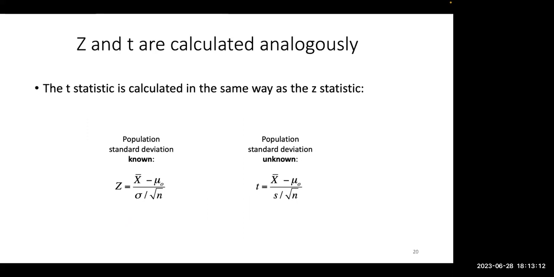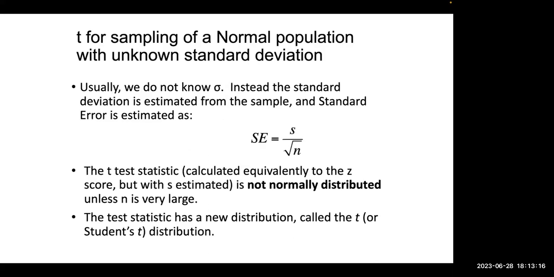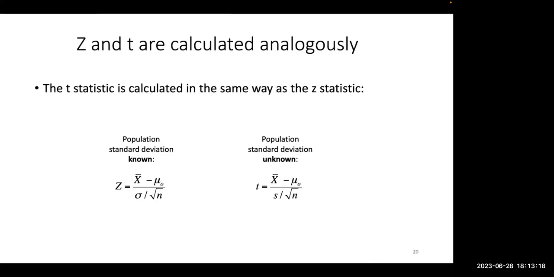Good. So now we talked briefly about population standard deviation and population standard deviation unknown. So that becomes the T. And the T is a little different because the T is calculated based on an S rather than a sigma.